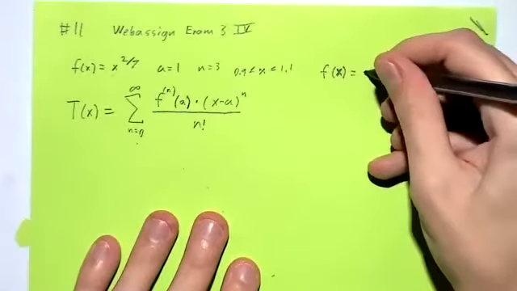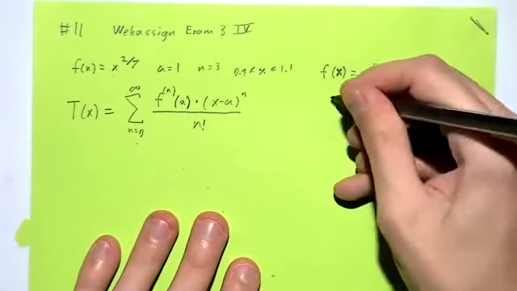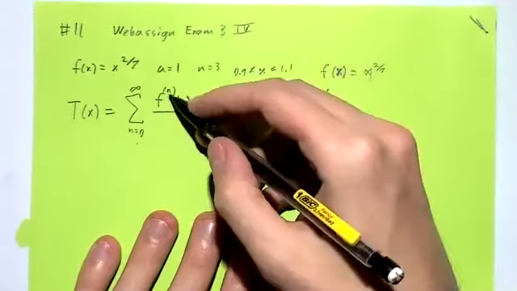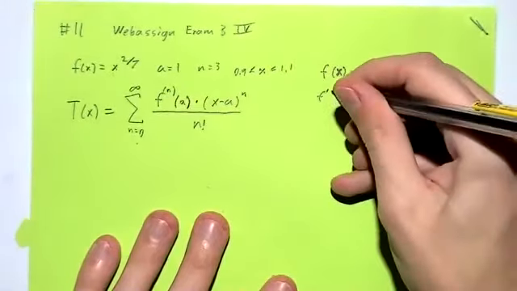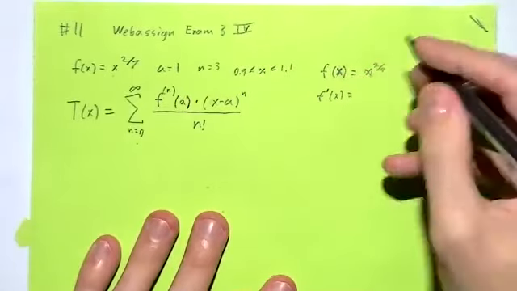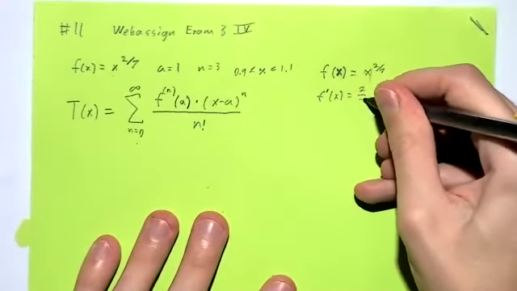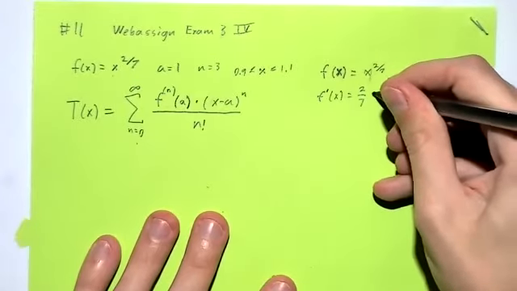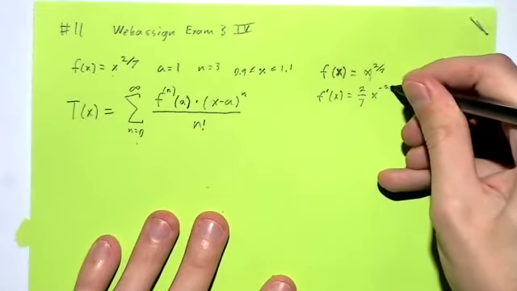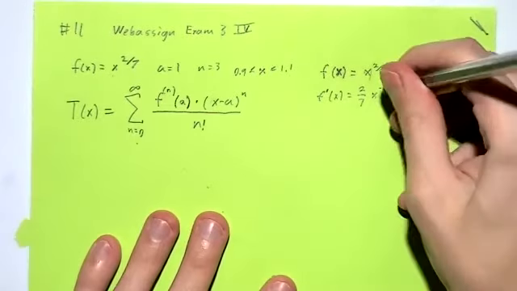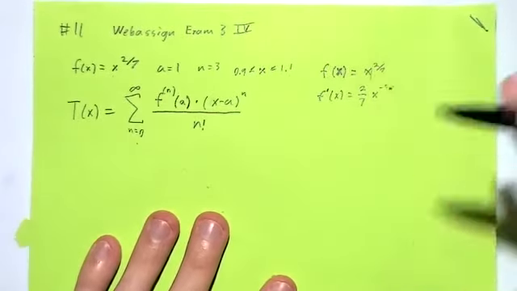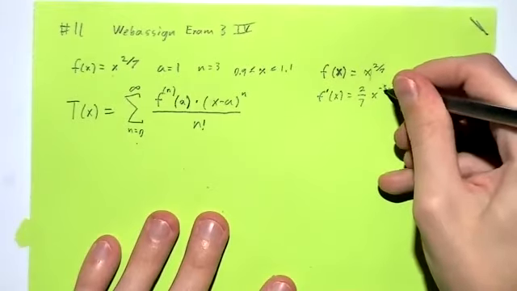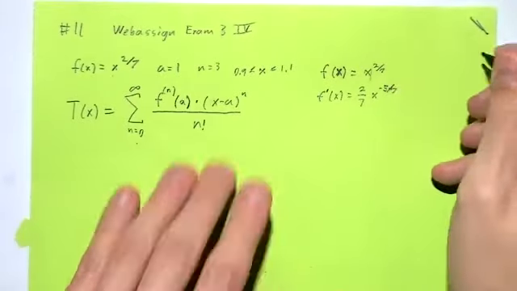So this is going to just be x to the 2/7. Then we have f single prime, because now n is equal to 1. So that will be equal to 2/7 x to the negative 5/7. That's just by subtracting 7/7 from that. So 5/7.